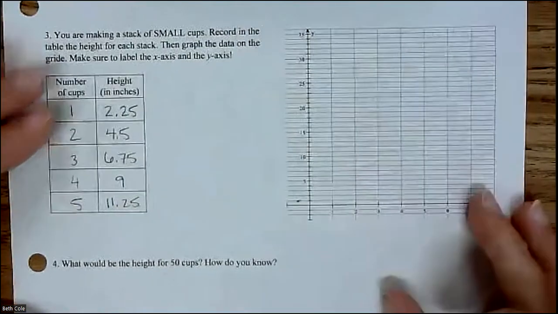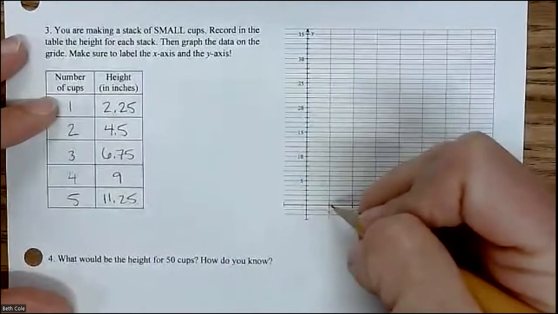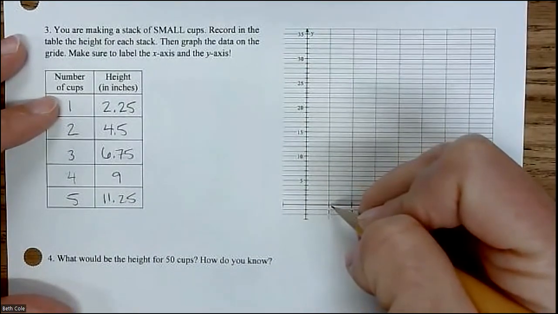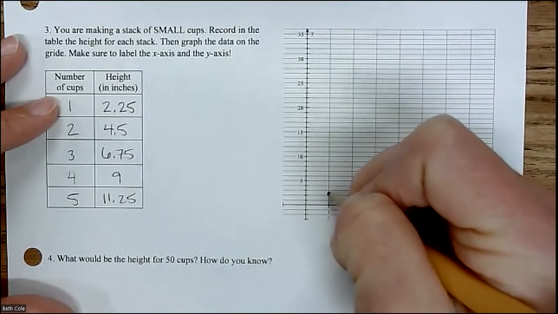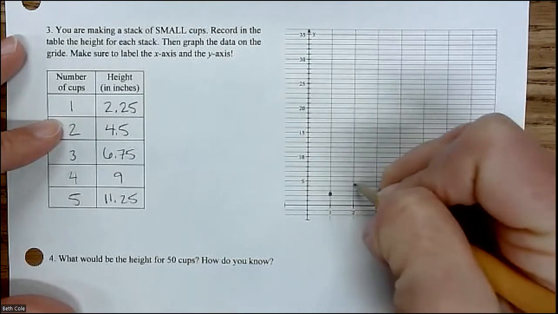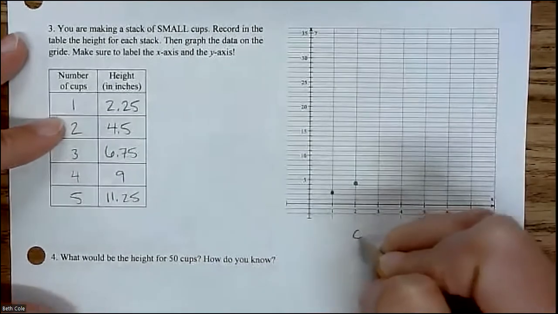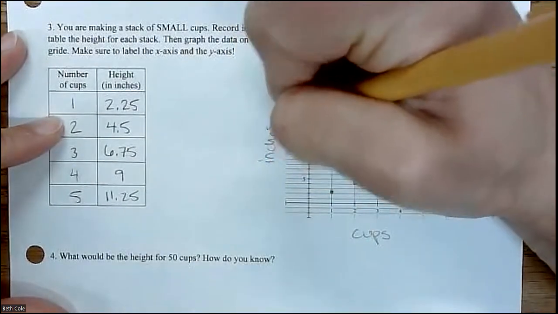So what I want you to do is take those points, plot them on the grid. Again, it's not going to be perfect. Just do your best with the decimals. And then we'll connect them and it'll be our graph. Oh, and again, you still want to label. You always want to label your X and Y axis, and it's still the same thing, cups and height in inches.